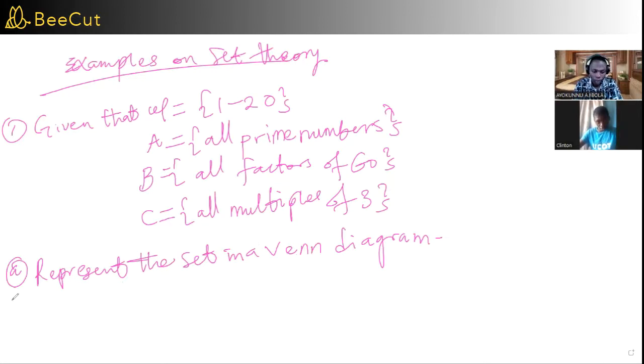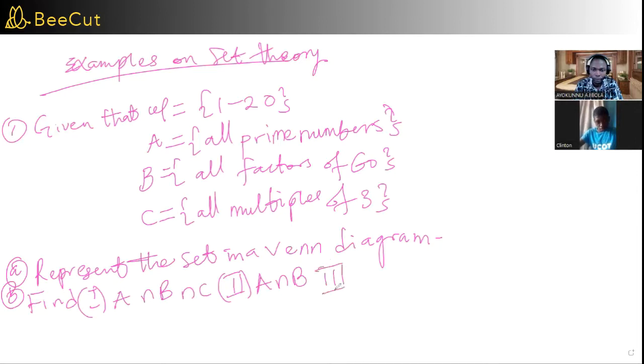Then the second one is maybe you have to find some things from the given sets. Let's say you have to find Roman figure 1, maybe A intersection B intersection C, Roman figure 2, maybe just A intersection B, Roman figure 3, A union C.